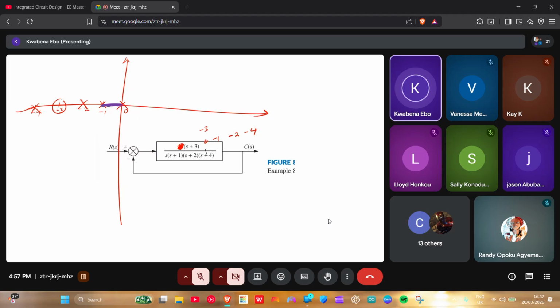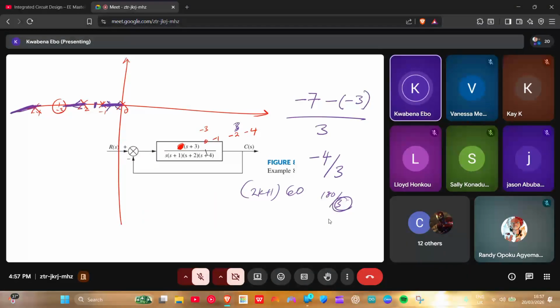And then the angles will be (2k plus 1) times 60, 60 because 180 over 3. So we have 60, 180, 300. So the asymptotes will be 60, 180 is this, and then 300.